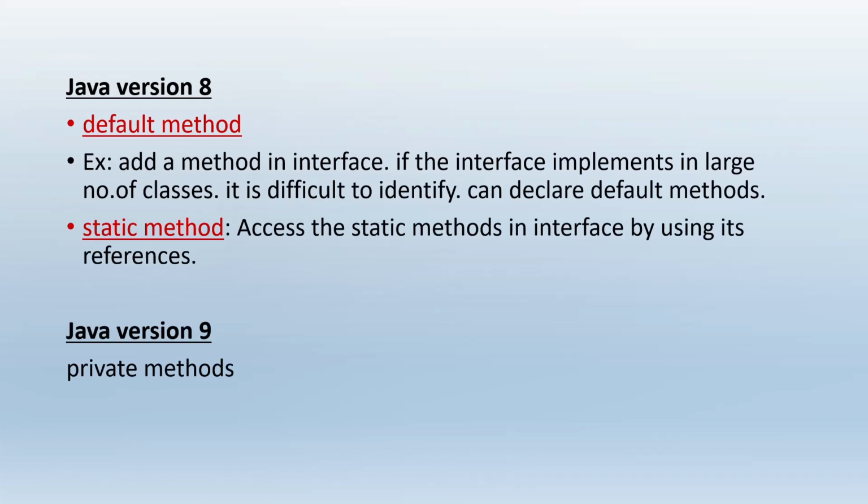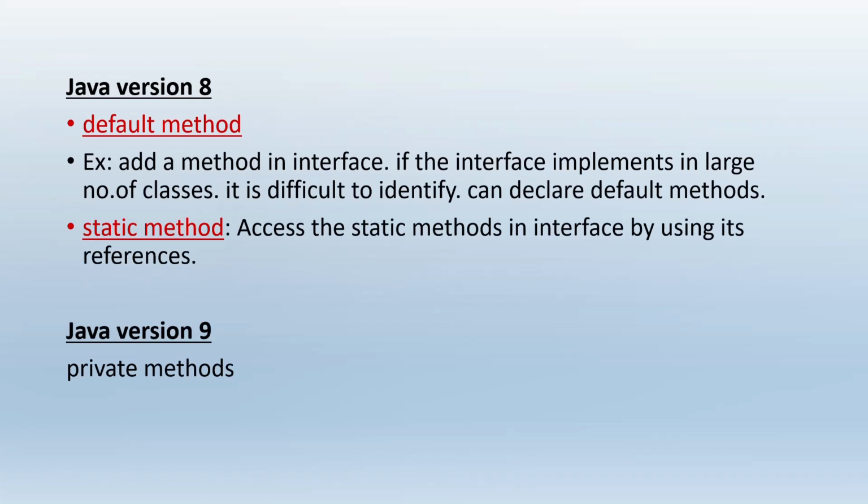From Java version 8, default methods and static methods were also introduced. Why were default methods introduced? In a real-time scenario, in our framework there are a lot of classes which implement the interface.